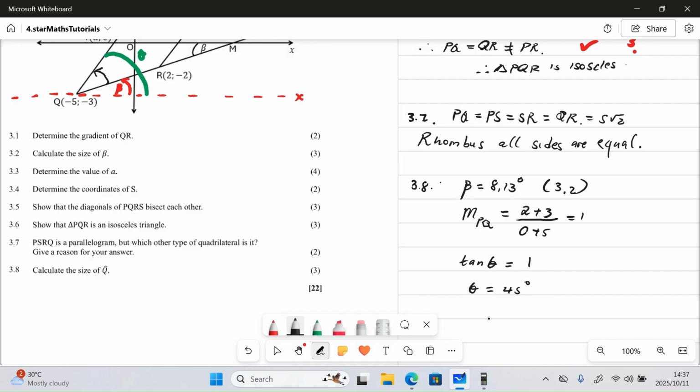Remember we said for us to find angle Q, we need to subtract beta from theta. Meaning 45 degrees minus 8,13 degrees, which is 36,87 degrees. That is the angle between two lines. So for the angle between two lines, you must use the angles of inclination of those two lines.